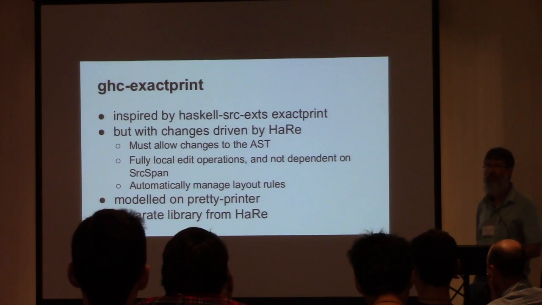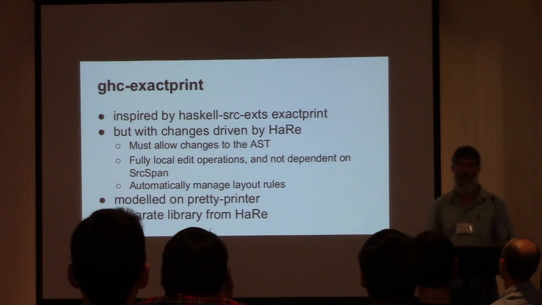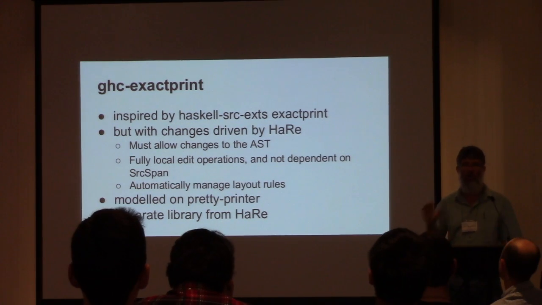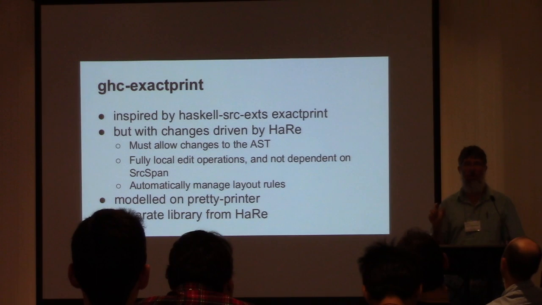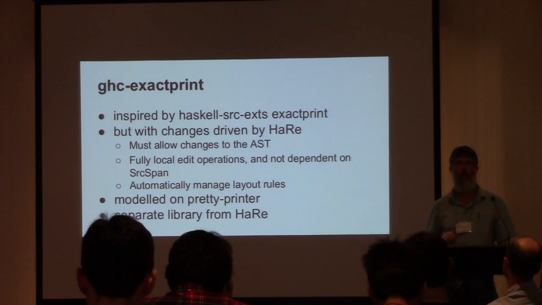I'm going to do it now. Okay. This is modeled on a pretty printer, as I said before, where essentially each ghc API annotation is converted into a ghc-exactprint annotation, which is then essentially saying this goes above this, this goes next to that.